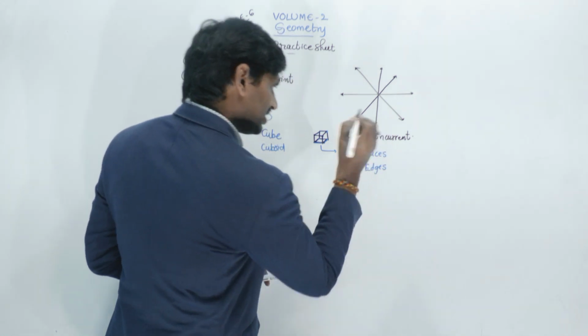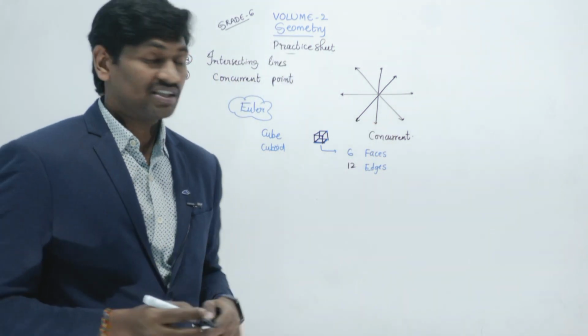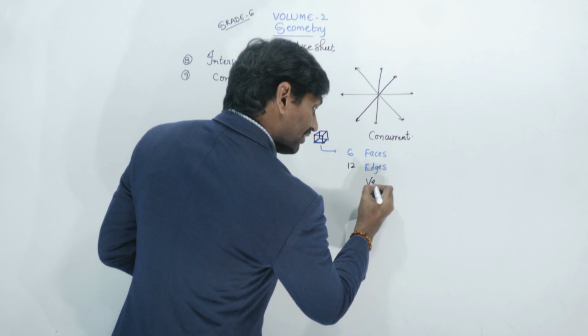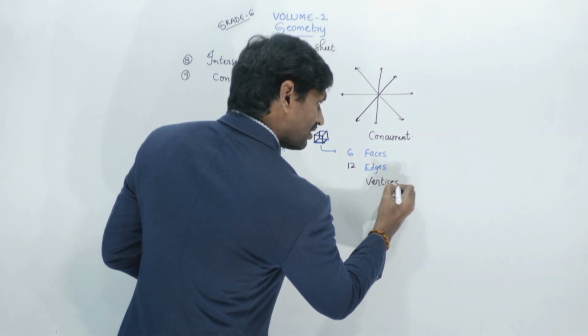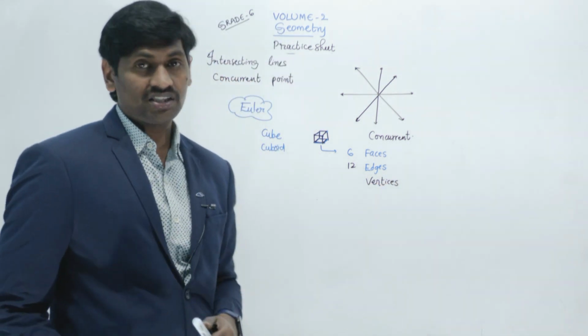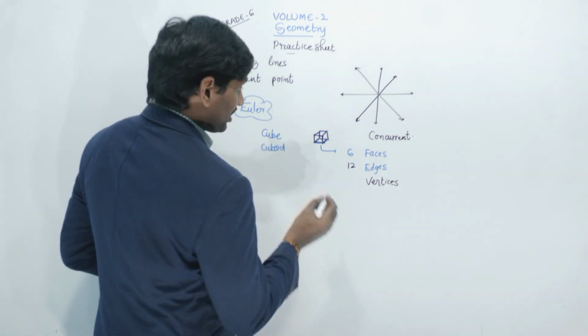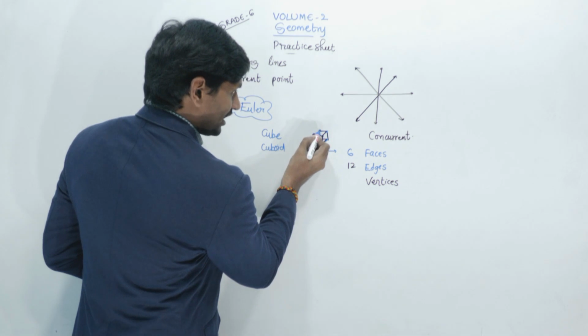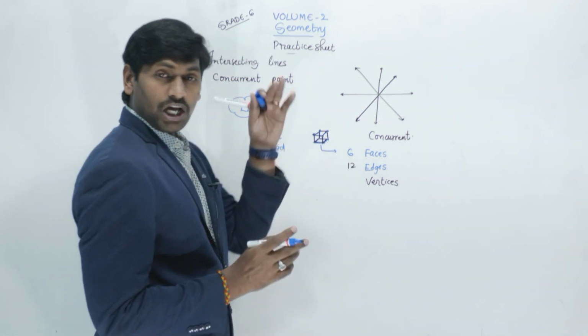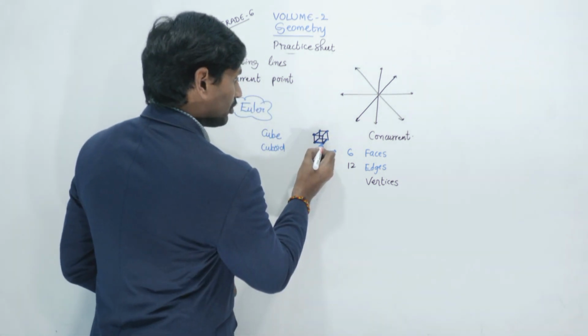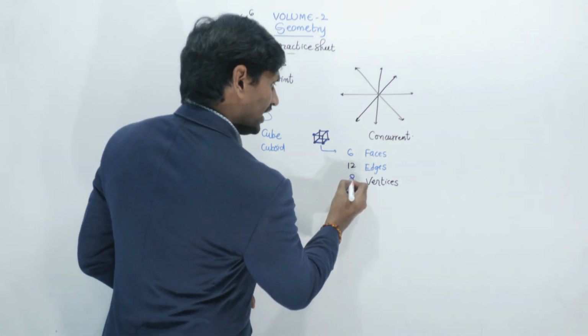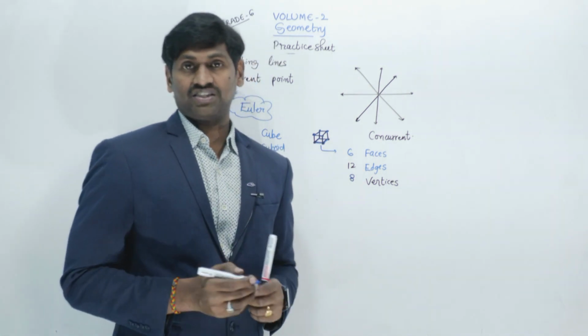And the corners are vertices. Vertices are nothing but corners. There are 8 corners. First corner, second, third, fourth: top 4 corners, bottom 4 corners. So total 8 corners, nothing but 8 vertices.